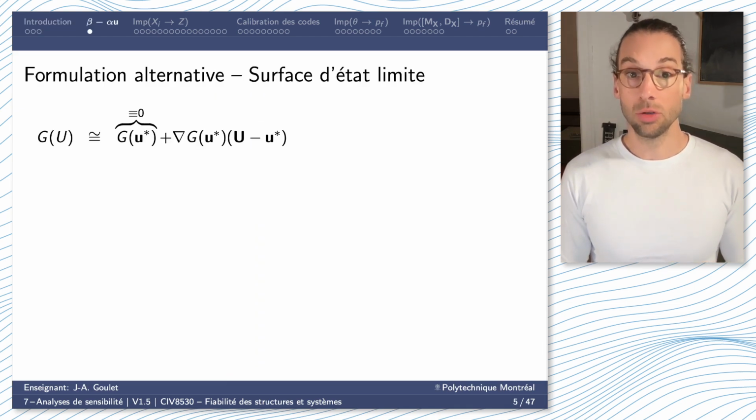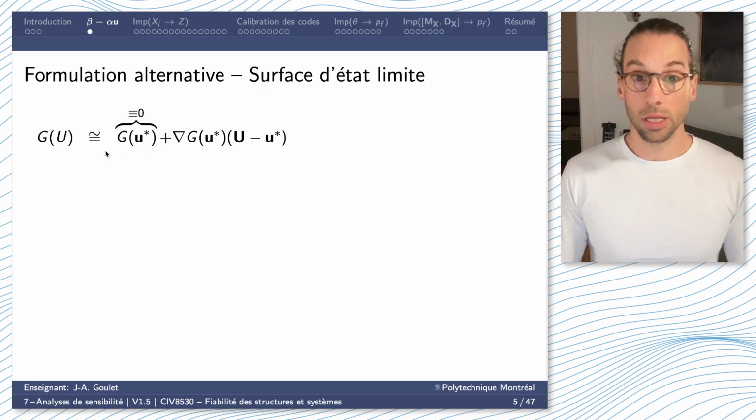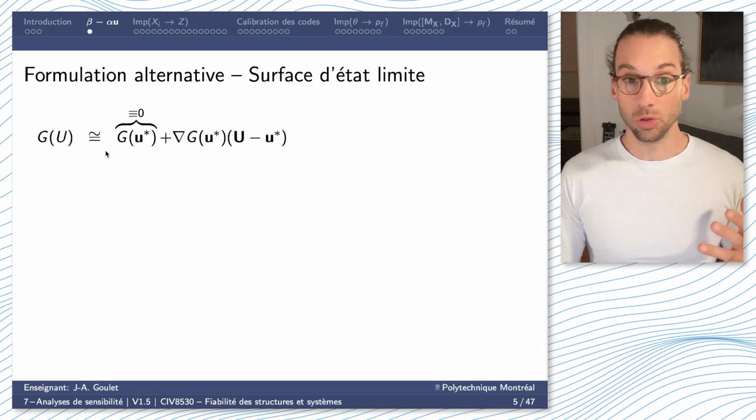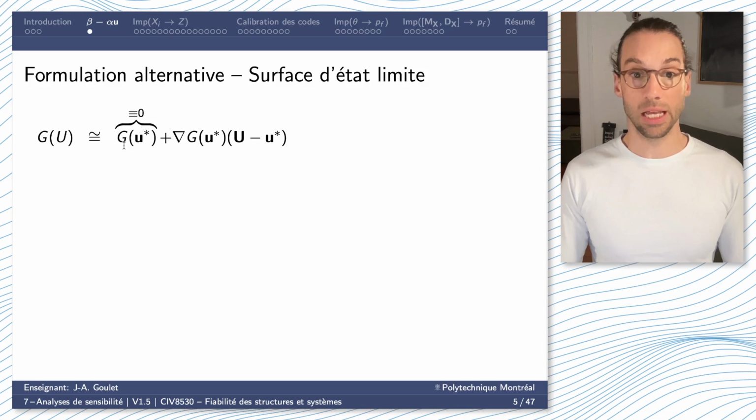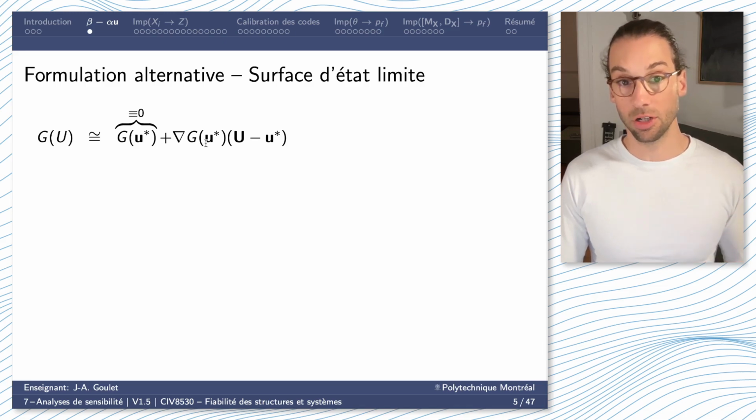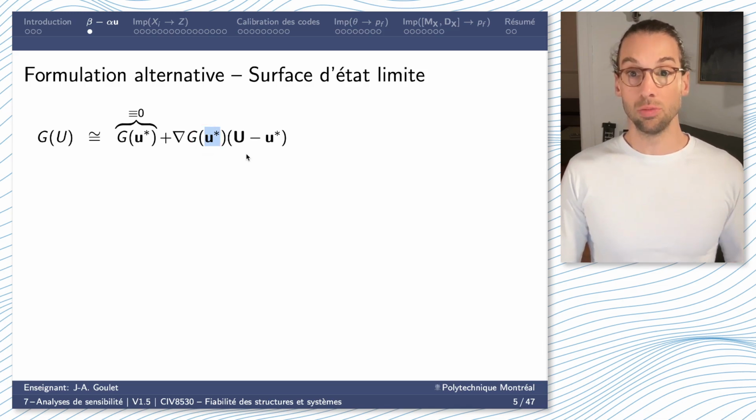So first, we need to reparametrize our limit state function and limit state surface. In the standard normal space, we've seen that g(u) is approximated by the first order Taylor series expansion, which says that we're going to have g(u*), u* being on the limit state surface, so g(u*) should be 0, plus the gradient of my limit state function evaluated at my design point u*, times (u minus u*).